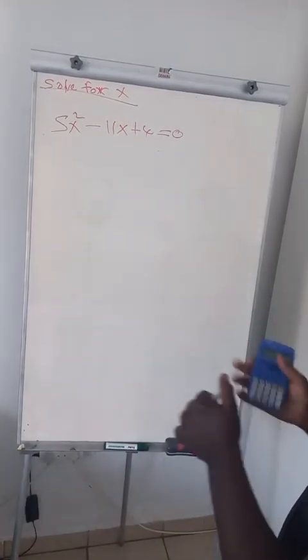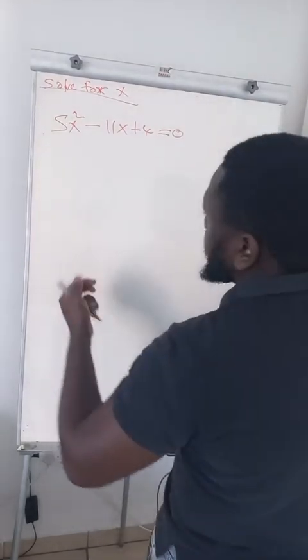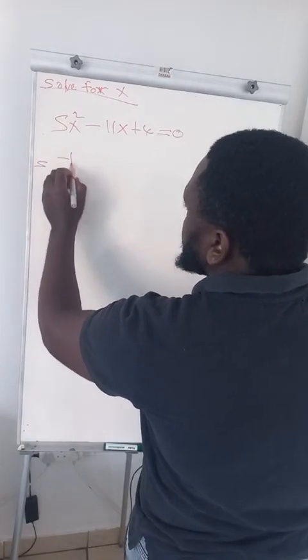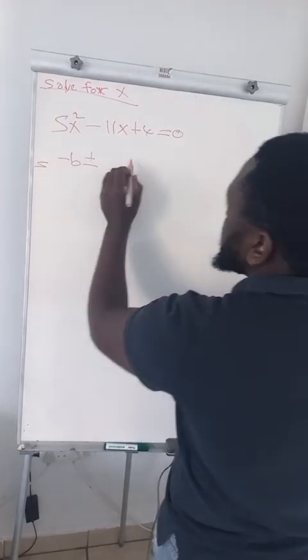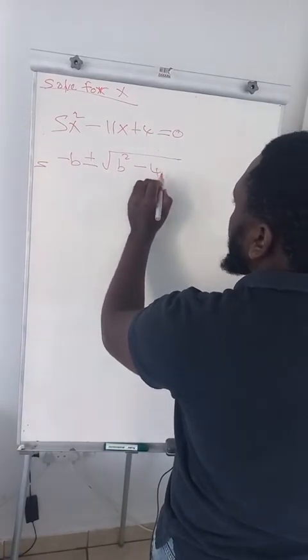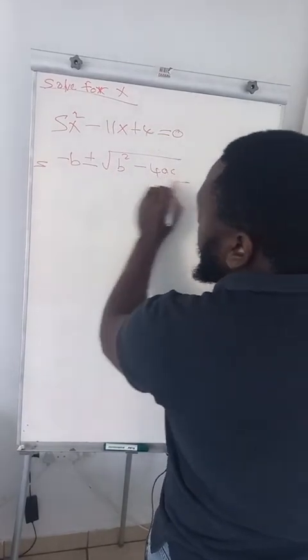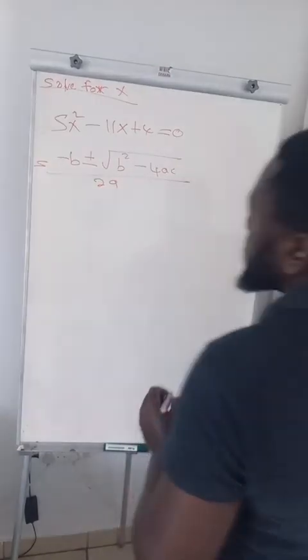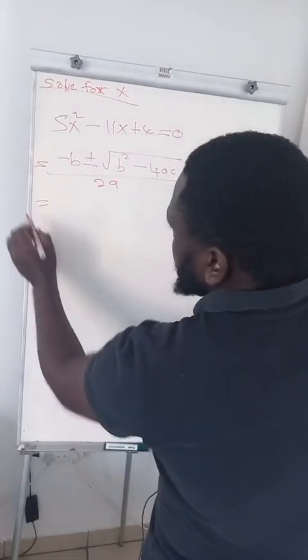So here you can just use your quadratic formula. You'll say, okay, my quadratic formula says x equals minus b plus or minus the square root of b squared minus 4ac, all divided by 2a. So now, what is your b?